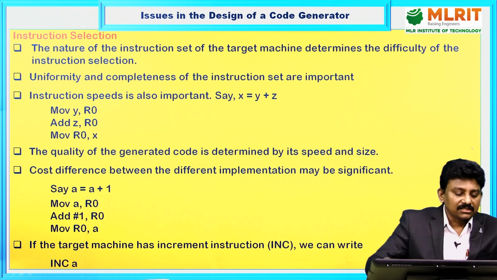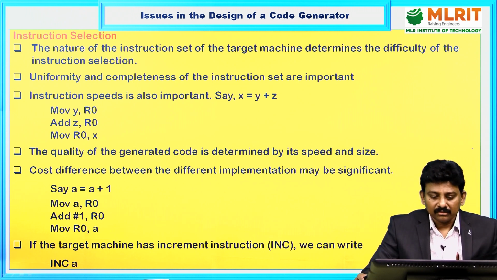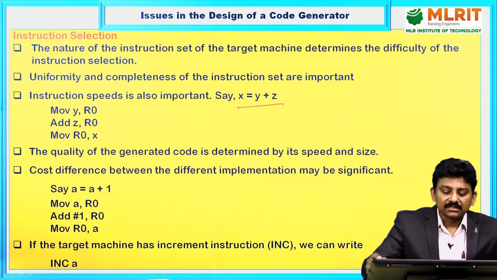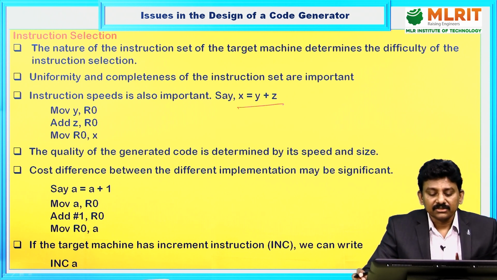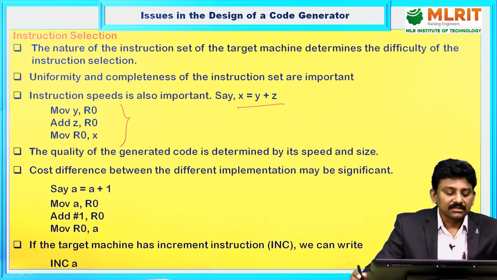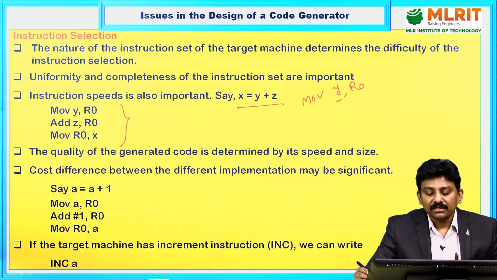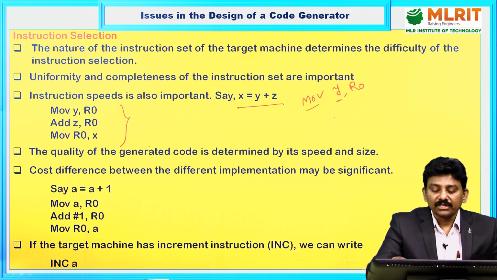So the instruction speed is also important while generating the target code. Say there is an operation x is equal to y plus z. The target machine code will be like this: move y comma R0, that is, the content of y is moved to R0. R0 is a register, move is a mnemonic, that is moving data from y to R0.